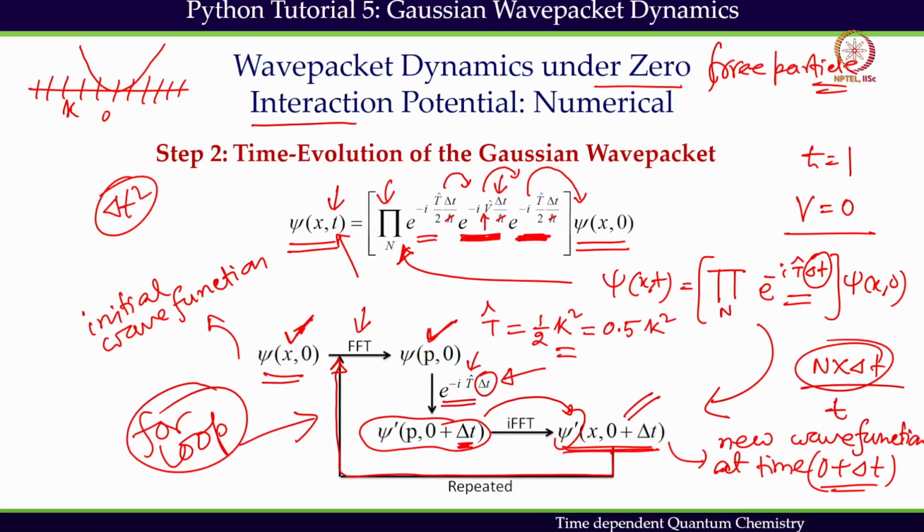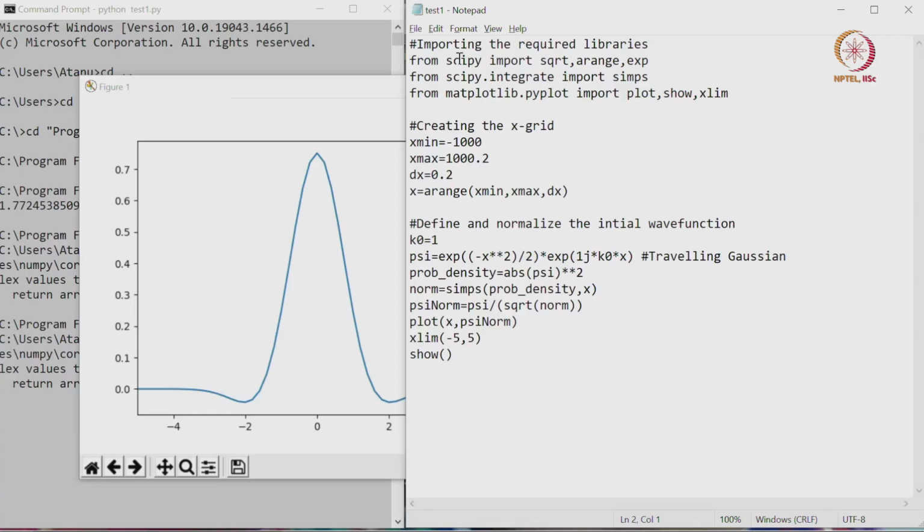So, we will go ahead and check the function now. We will move to the laptop and implement this. The first few lines will be kept here. From scipy we have to import the same square root functionality, range functionality, exponential functionality. In addition to that, I will also import pi, and there is a reason why we are importing pi: for preparation of the k grid I need this pi.